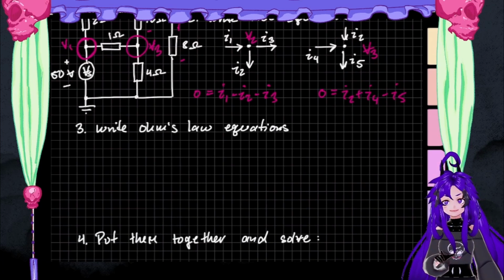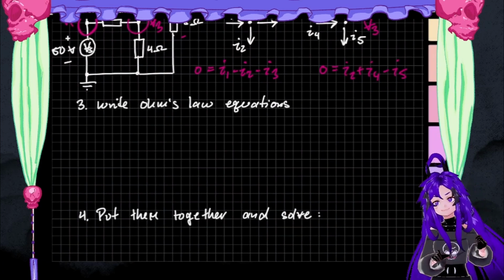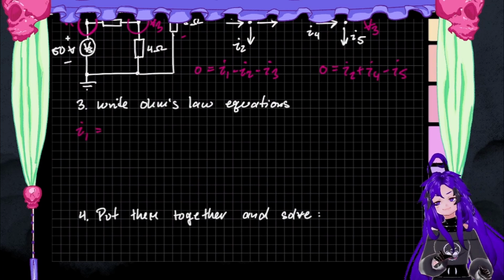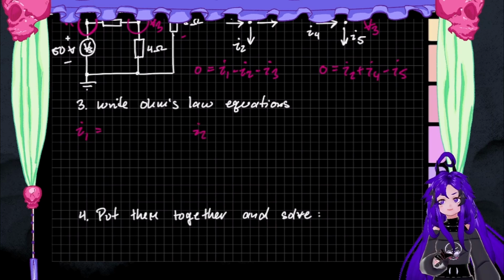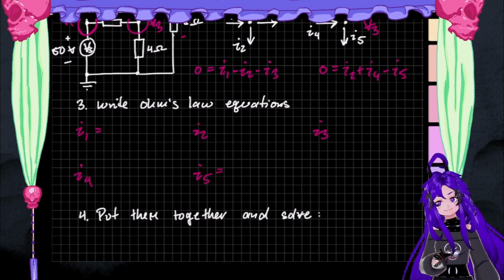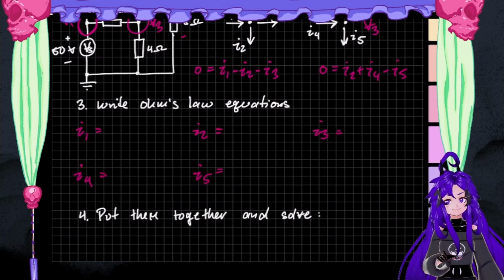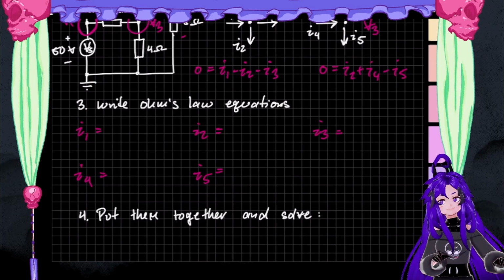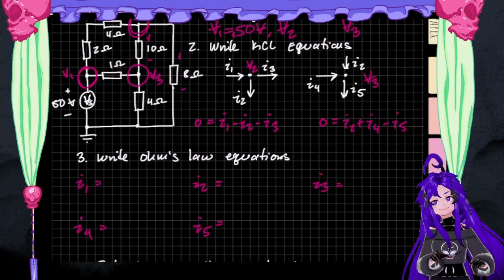Next thing, we're going to write our Ohm's law equations. So in this case, we need to find I1, I2, I3, I4, and I5. There we go. So, again, we're going to be looking at voltage drop.